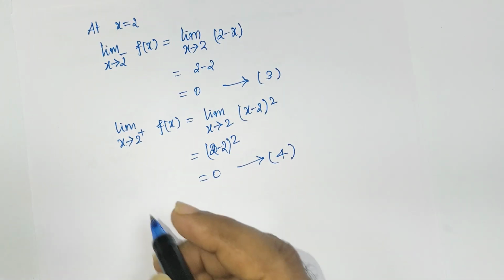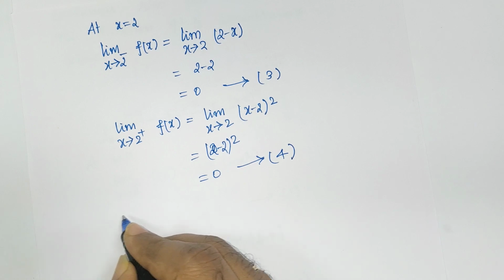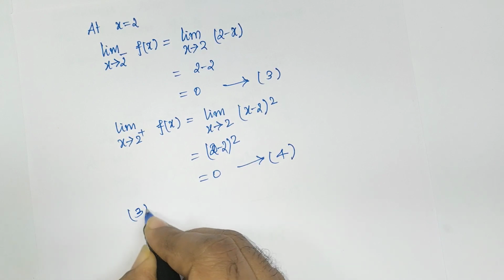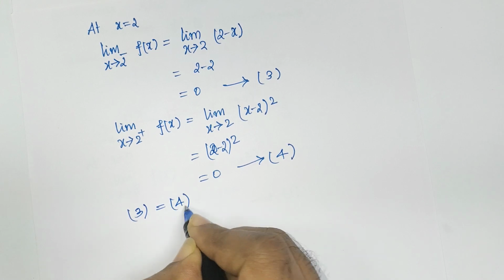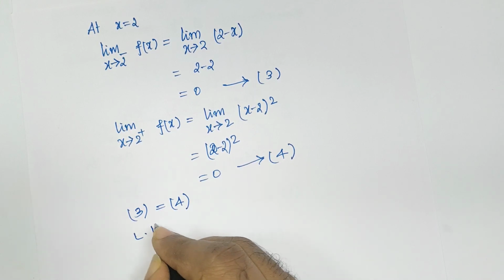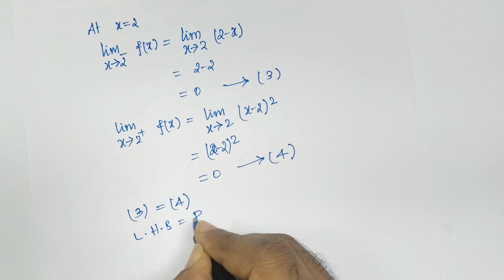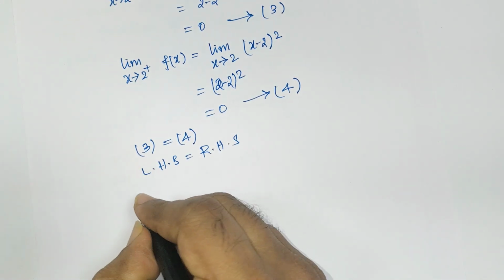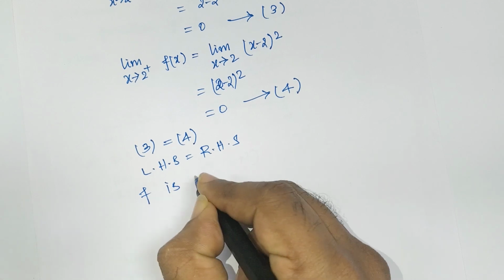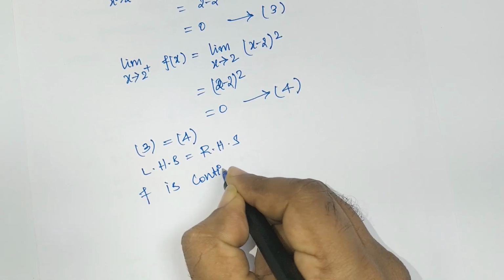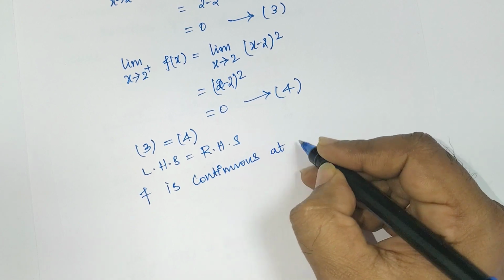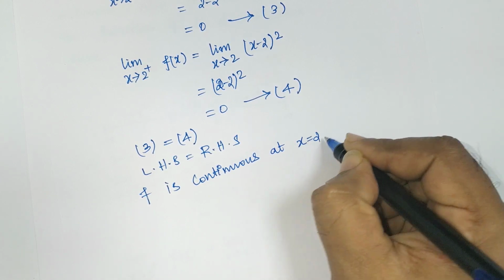Now based on equation 3 and equation 4, see equation 3 and equation 4 both are equal. Left hand side and right hand side both are equal. So f is continuous at x equal to 2.